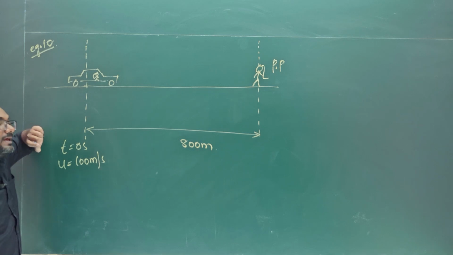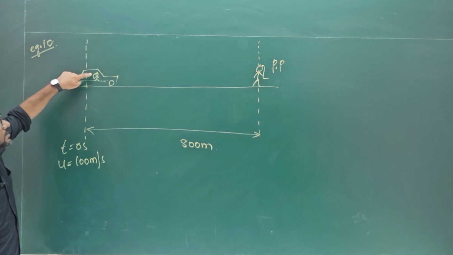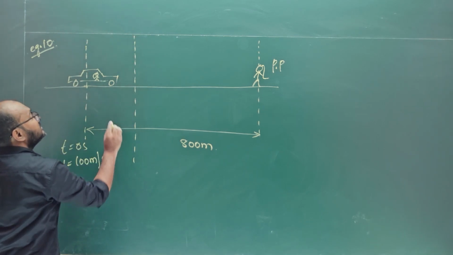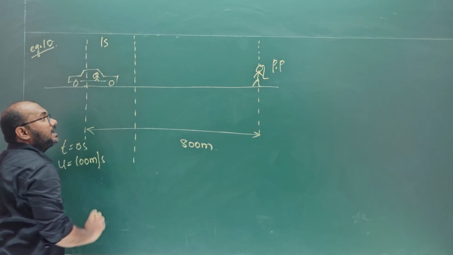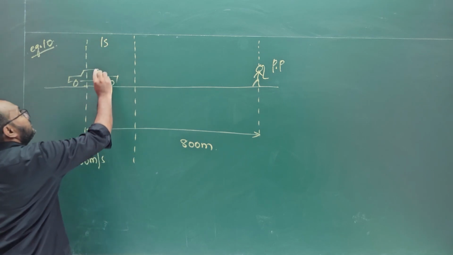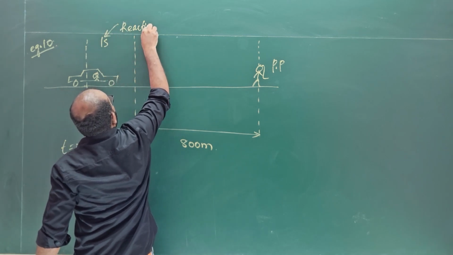Now the girl wants to stop the car, so she took a time period of, consider, 1 second to decide whether to put the brakes on or not. So this time she is taking to decide is called reaction time.